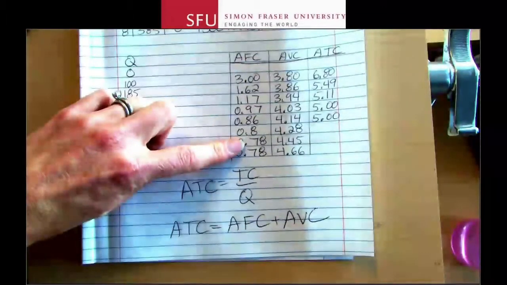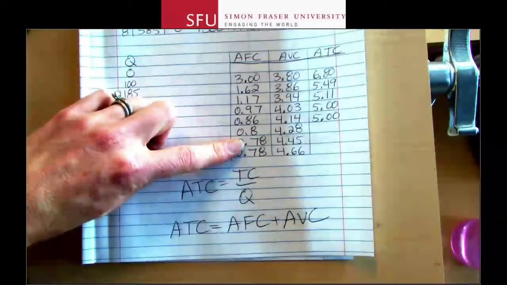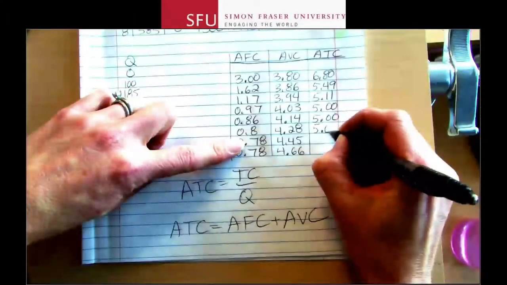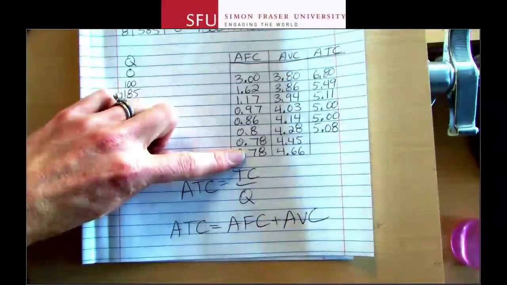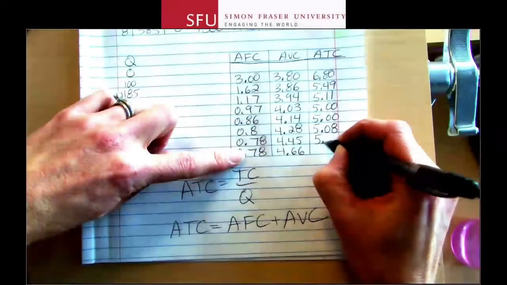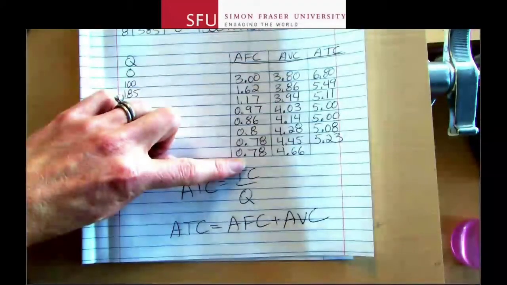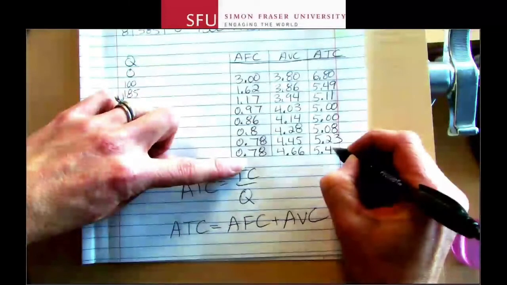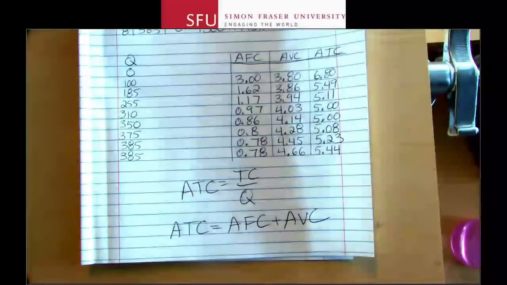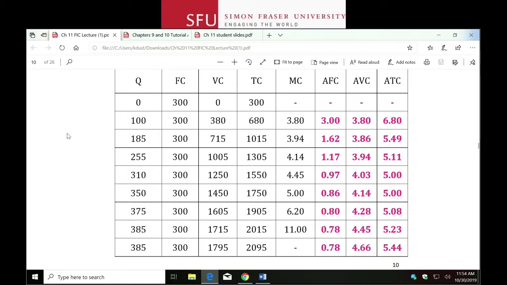So for these last ones here, when you try to increase your output, that will mean that your average fixed cost goes down because you get to spread out the fixed cost over a larger and larger quantity.